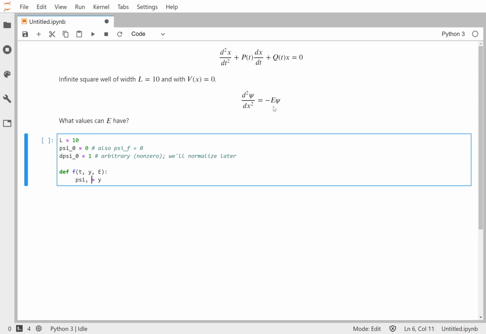In other videos, I've called this thing R. I'm going to call it Y this time for no especially good reason. It is what the SciPy documentation likes to use for its example variable. So since I don't have a good reason not to use Y, I'll use it here.